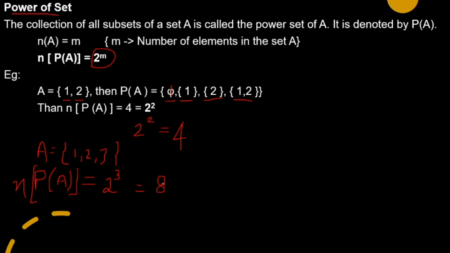Let's find the subsets specifically. What are there? {1}, then {2}, {3}, then we have {1, 2}, {1, 3}, next {2, 3}.